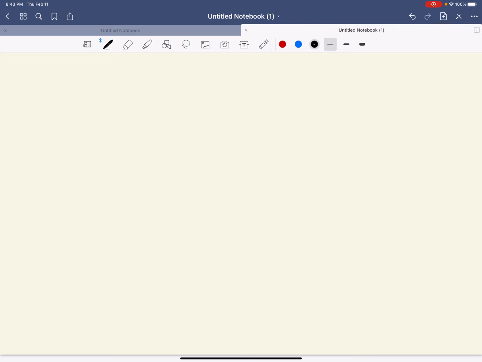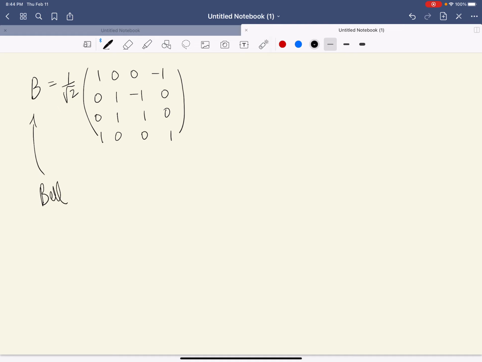Okay, enough for the words. So this previous 4 by 4 unitary matrix I introduced is often called a Bell matrix, and because Bell plays such an important role in the science of quantum information, maybe we should stick with the language at this early stage. So this is a Bell unitary matrix, and the state I wrote down earlier is called the Bell state.